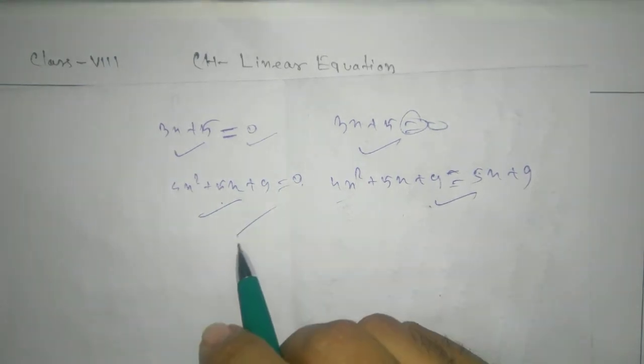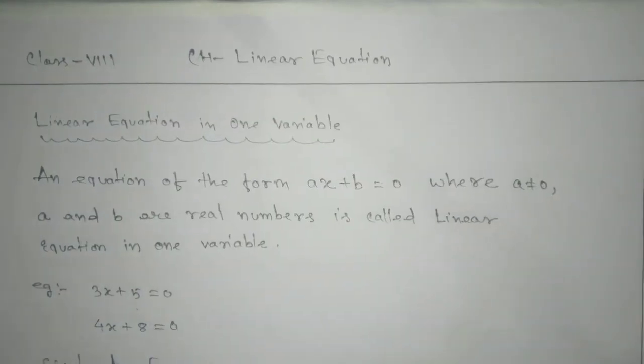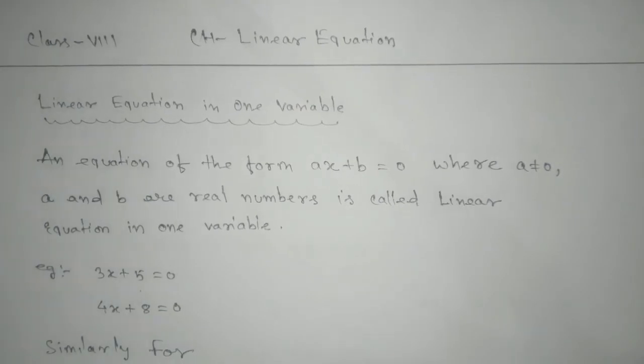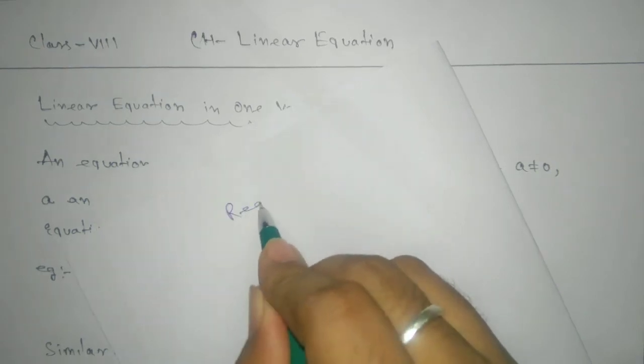So we have linear equation in one variable. Here we have the definition. An equation of the form ax plus b equals 0, where a is not equal to 0 and a, b are real numbers. So the question will arise, what is a real number?